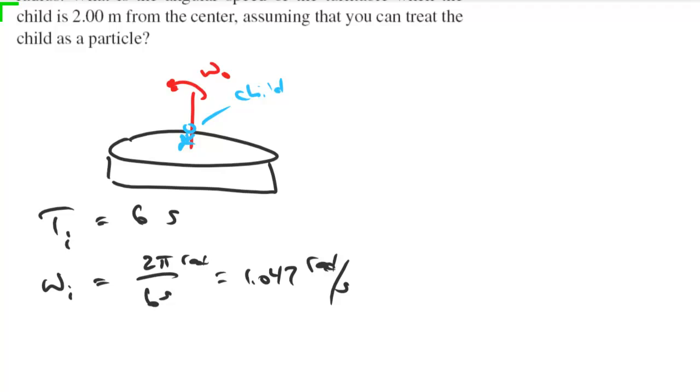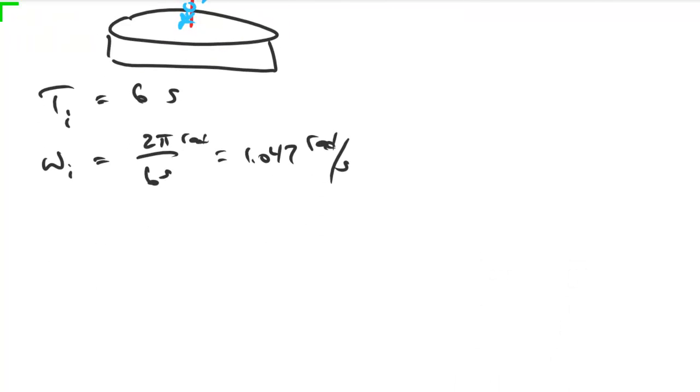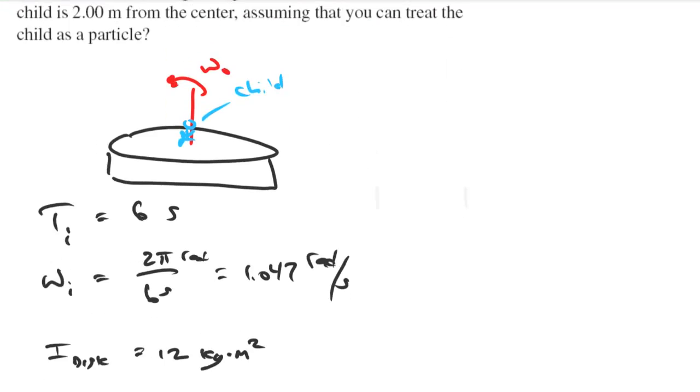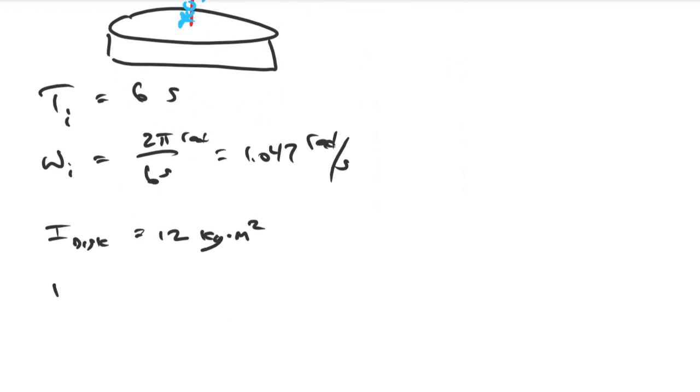And we're told that the rotational inertia of the disk is equal to 1200 kilogram meters squared. And in this condition, we have the rotational inertia of the child about an axis. These are both about an axis through its center.